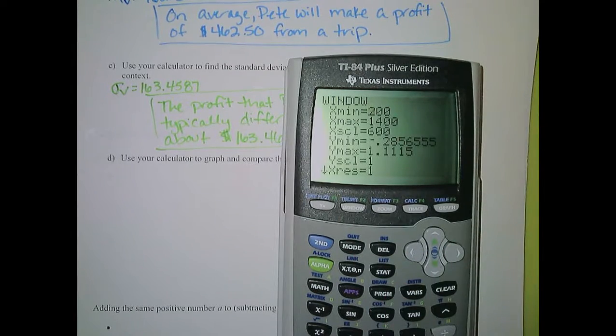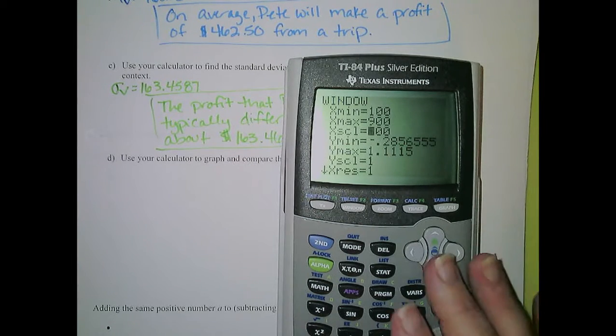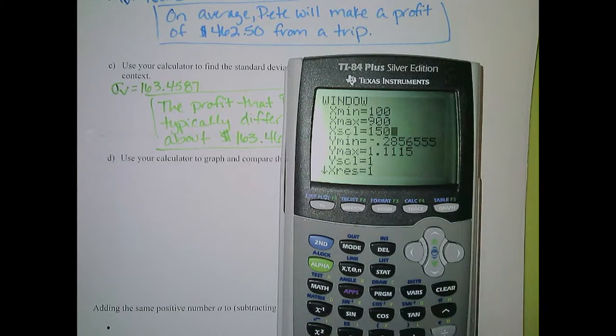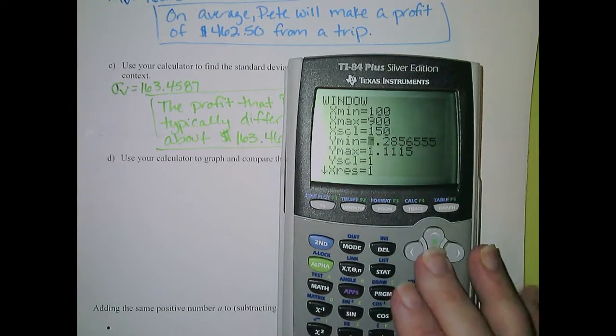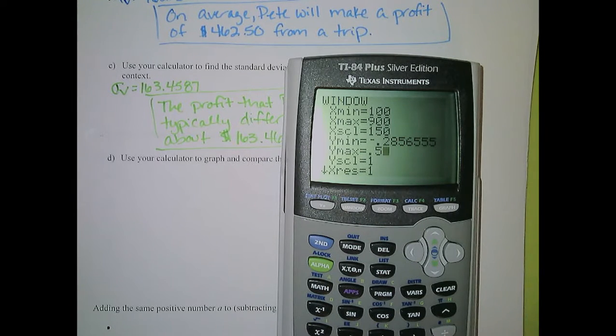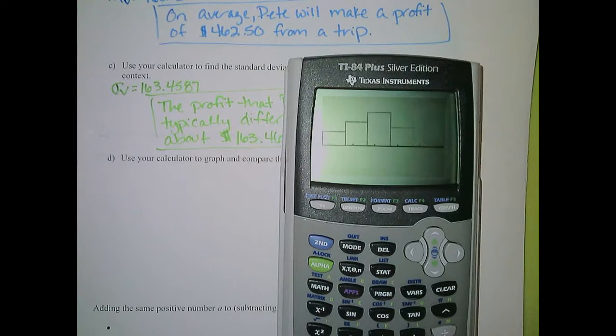For my X-min, our minimum is 200, so we'll go with 100. Our X max is 800, so I'm going to go with 900. They each differ by 150, so we'll keep that same scale as before. And again, to get rid of the dead space, I'm just going to go with 0.5 for my maximum Y value. And so that ends up being our distribution for V.